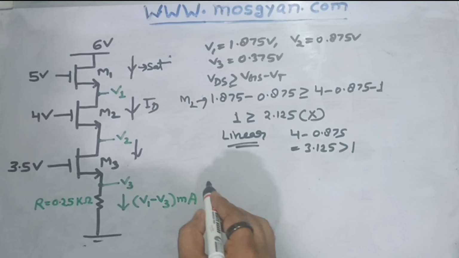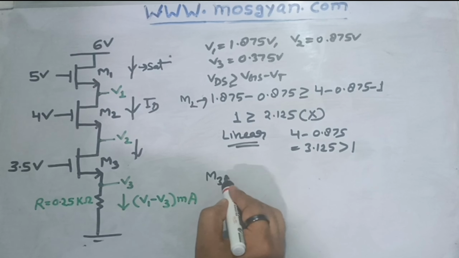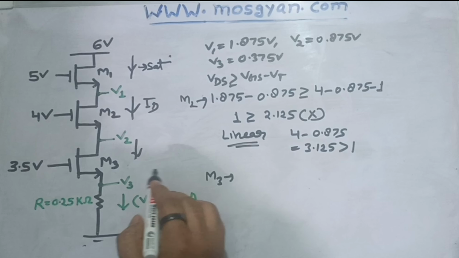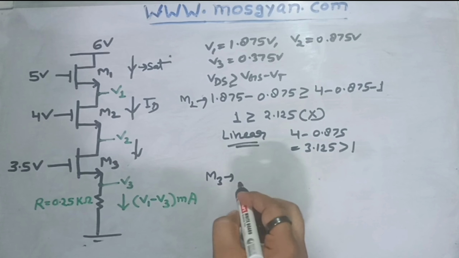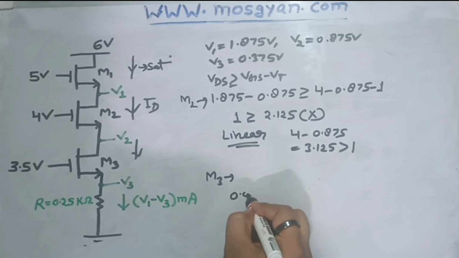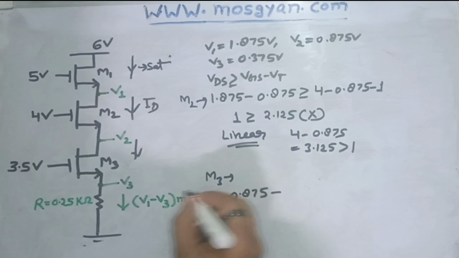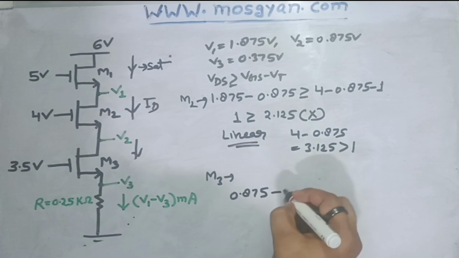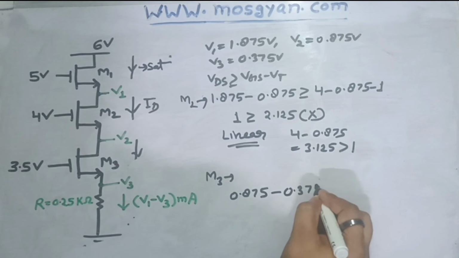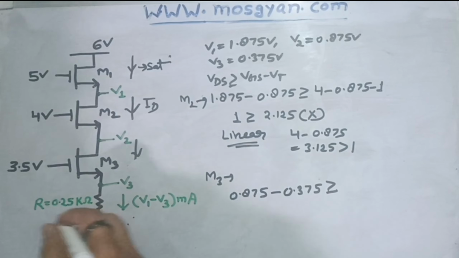Now let's similarly calculate for MOS M3 also. VDS, if you have to calculate, will be equal to V2 minus V3. V2 we know is 0.875. That should be, and we have to take the difference with V3, which is source. V3 we have calculated as 0.375. This should be greater than or equal to VGS minus Vt.